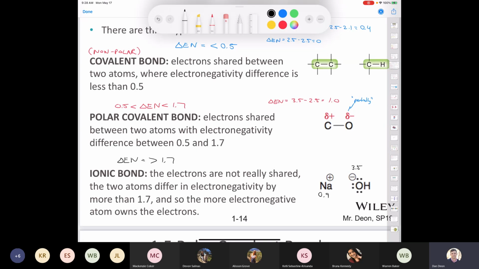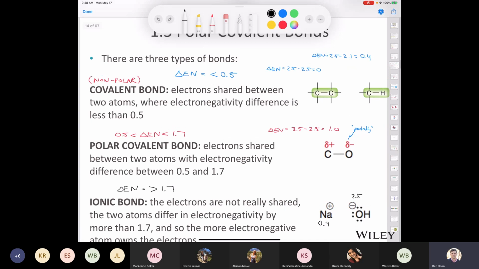That's a bond where the oxygen takes the electron and the sodium gives up its electron. That's where the oxygen gets its extra electron from, so that it has a formal charge of -1. The sodium is left over with a formal charge of +1. And so the cation and the anion are attracted to each other. So you need to know the difference between a covalent, a polar covalent, and an ionic bond.